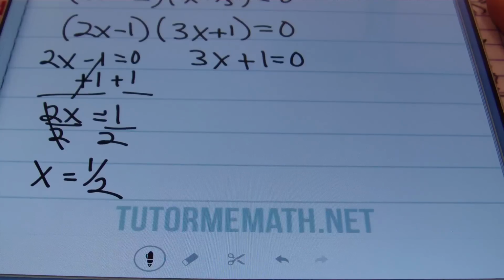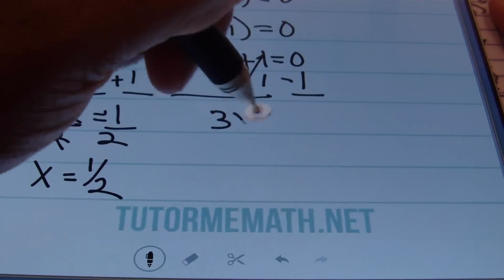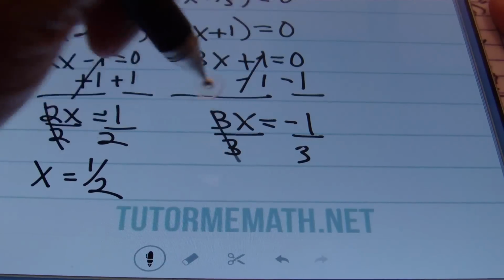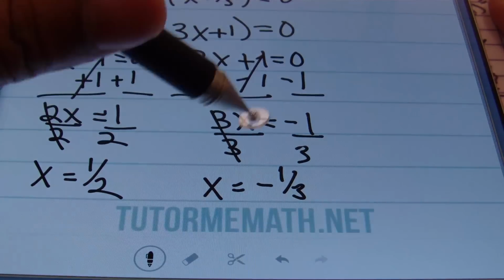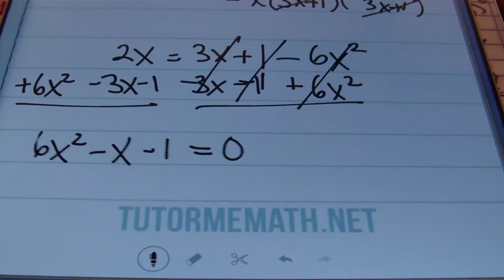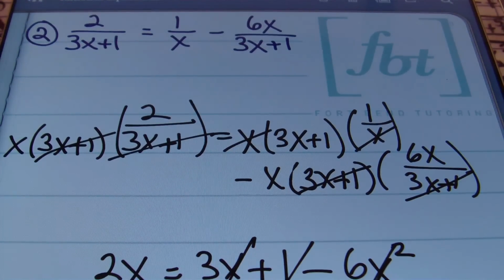I say potential because this value may make my original equation undefined. Then I'll solve the second equation by subtracting 1 on both sides, and I end up with 3x equals negative 1. Dividing both sides by 3, I end up with a potential result of negative 1/3. So what we want to do with both of these solutions is go back and check our original equation to see if either of those solutions will make any of these fractions undefined.